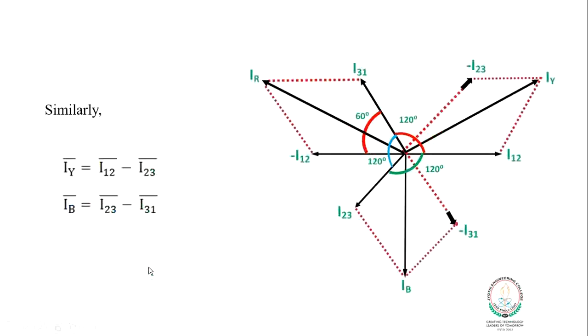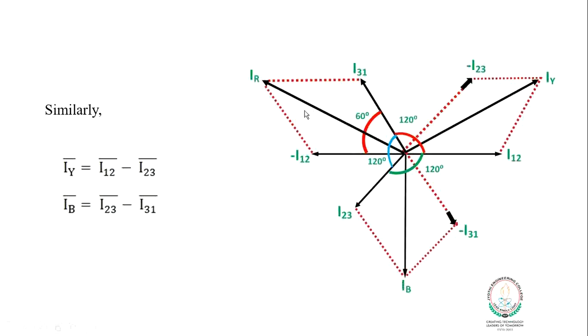Applying KCL at junction 2, we will get IY equal to I12 minus I23. To get the line current IB, we have to apply KCL at junction 3. So IB equal to I23 minus I31. So we will get the complete phasor diagram of this system. This is IR, this is IY and this is IB.